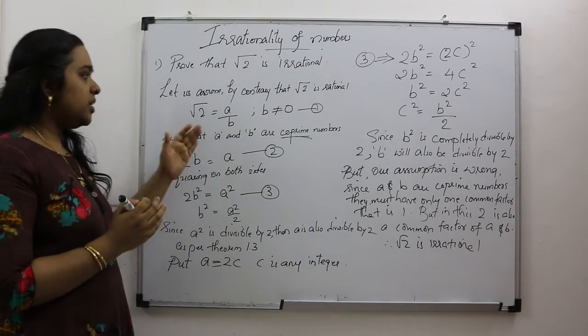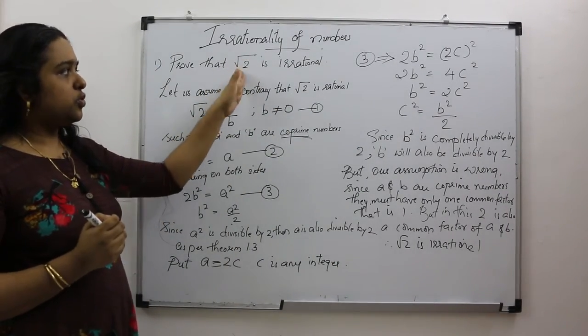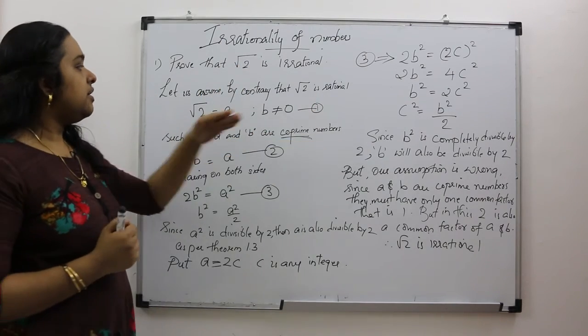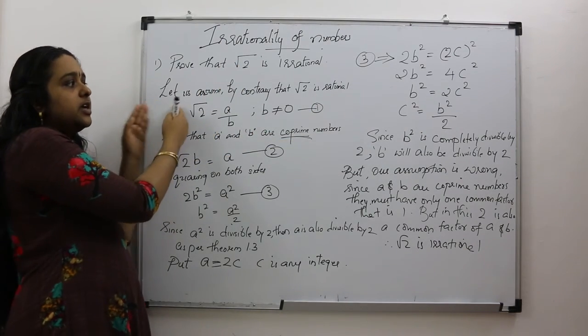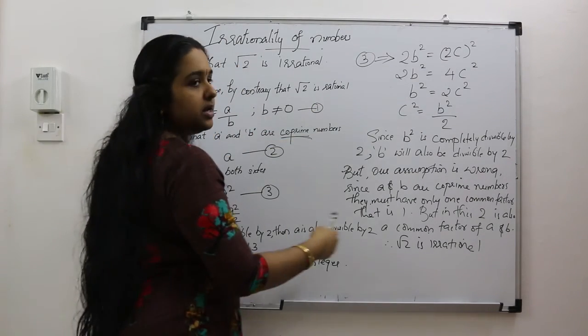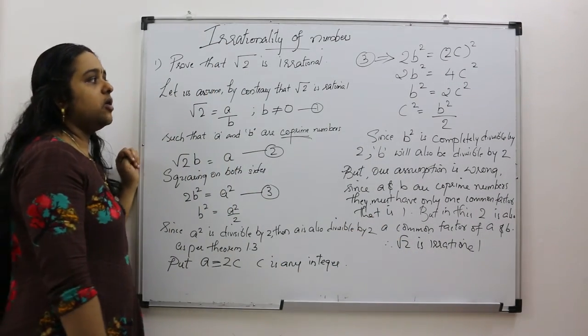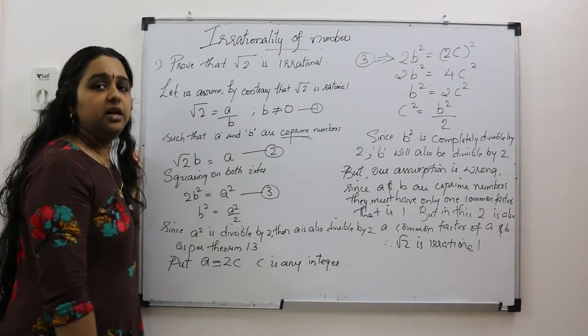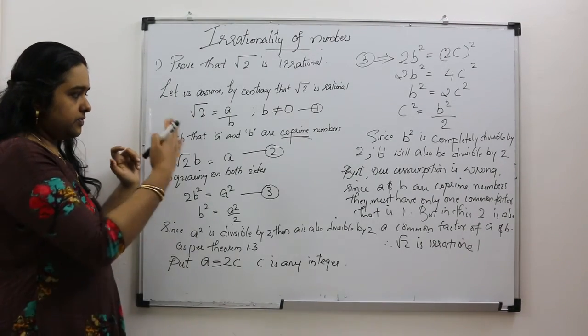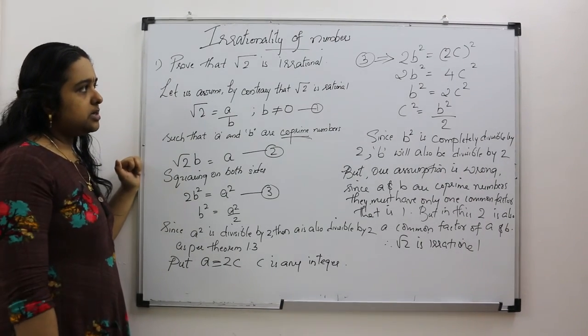We are just assuming that this number root 2 is rational first. From that statement, we are coming to our solution that it is not a rational number, it is an irrational number. These are the steps.